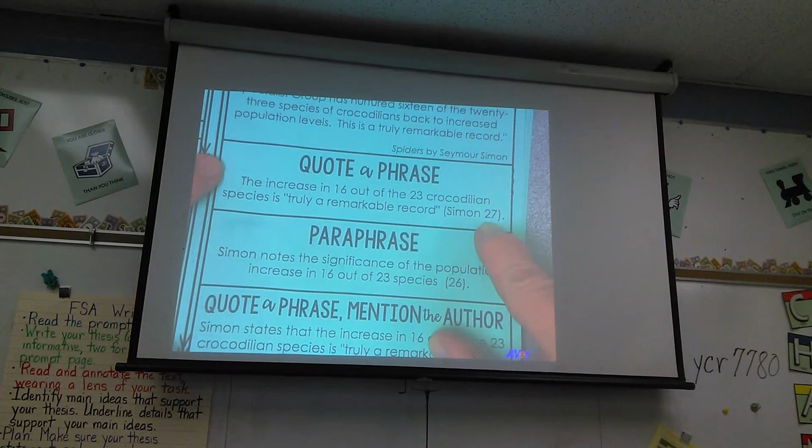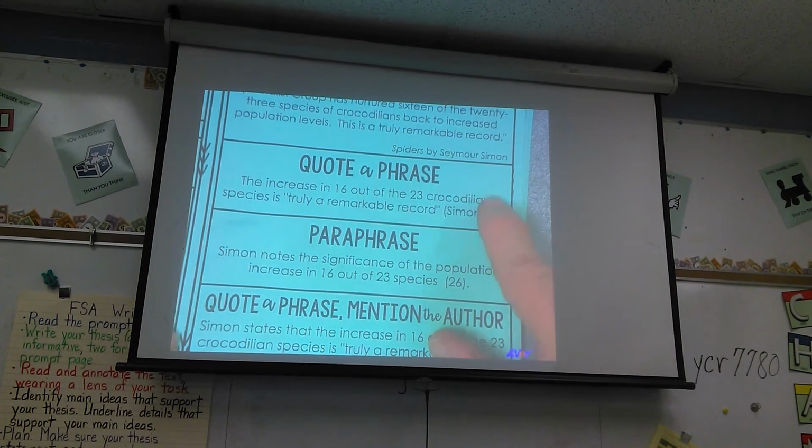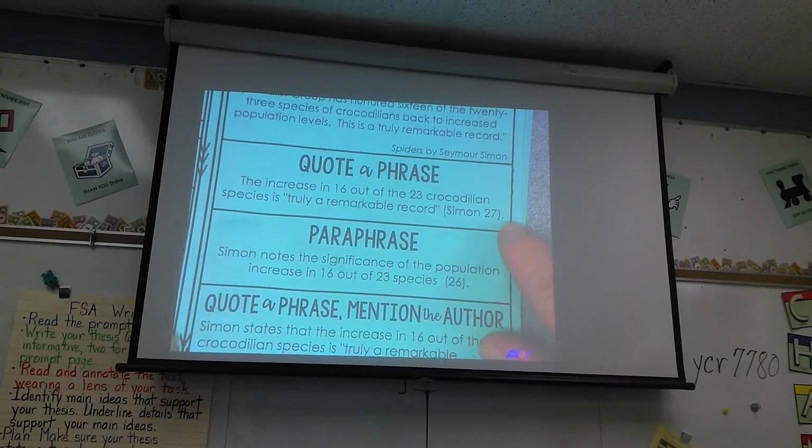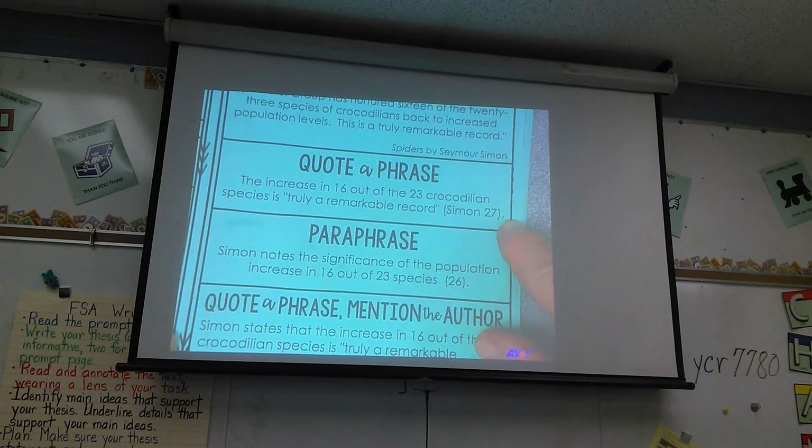You're not putting PG or writing page with a number. First of all, we don't do that when we have a text set because the paragraphs are numbered. And then the parentheses are closed, and then there's a period after the parentheses.